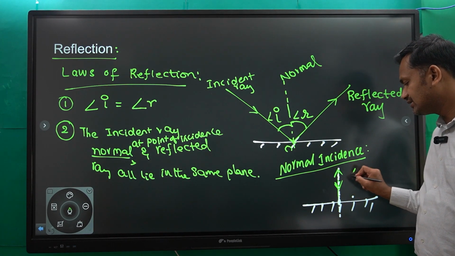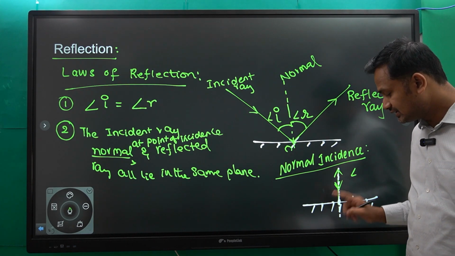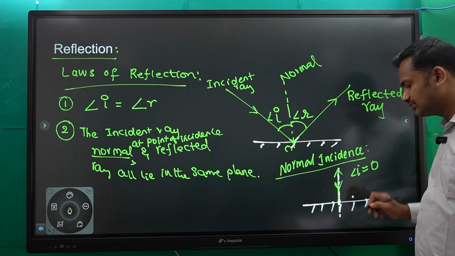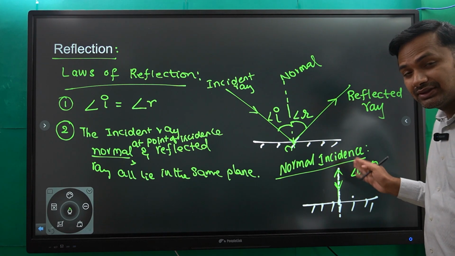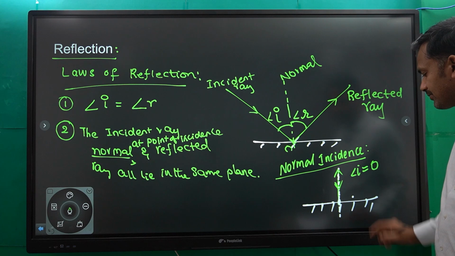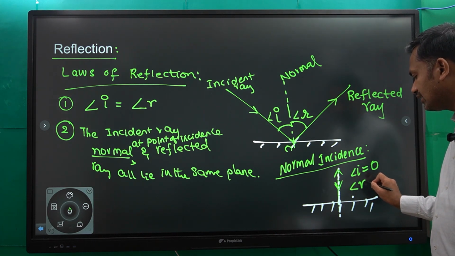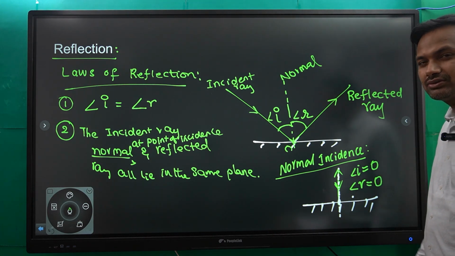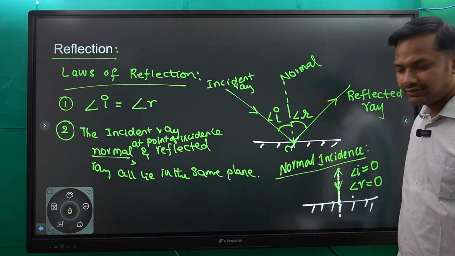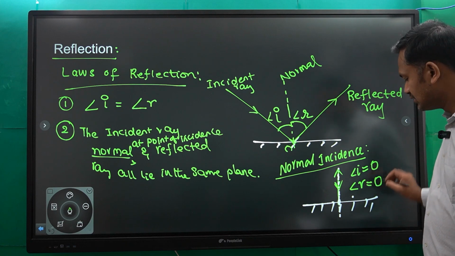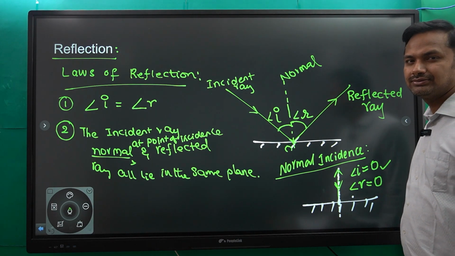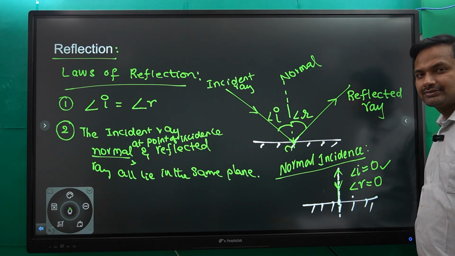Why is that? When the incident light is perpendicular to the surface, what is the angle of incidence? It is 0, because the angle between the normal and the incident ray is 0. The angle of reflection is also 0, because from the first law of reflection, the angle of incidence equals the angle of reflection. So when the angle of incidence is 0, the angle of reflection will also be 0. Understood?